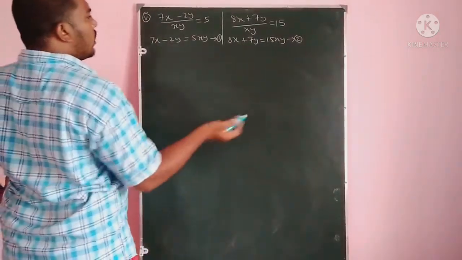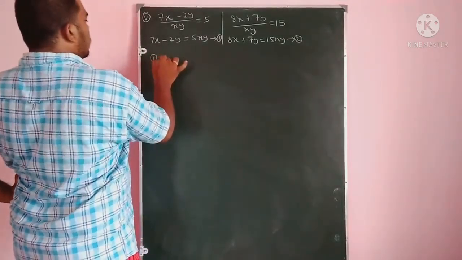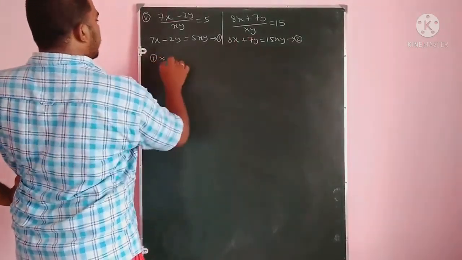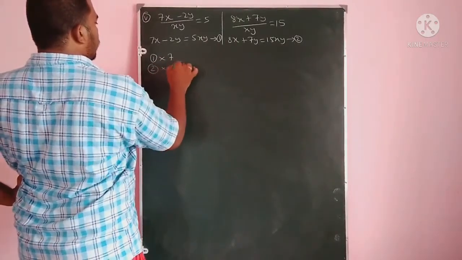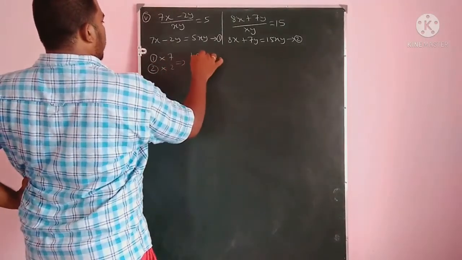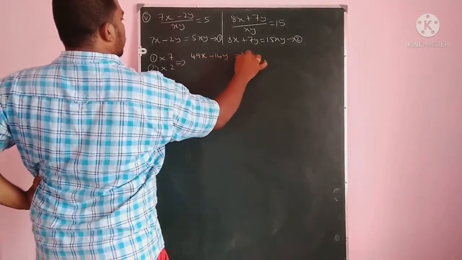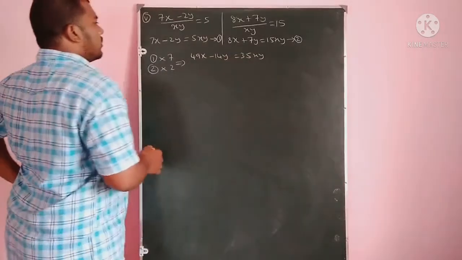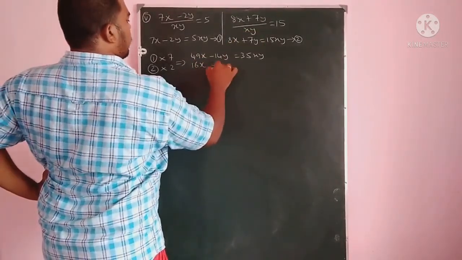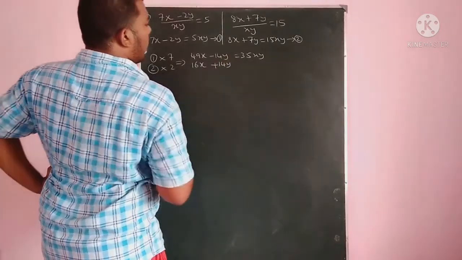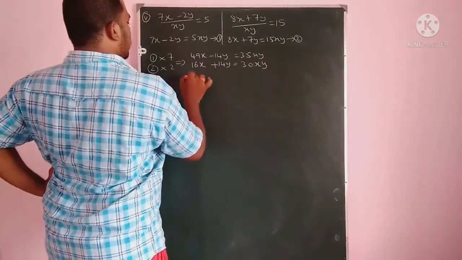Now, as usual, the elimination method: equation 1 should be multiplied with 7, so the y coefficients become equal, and equation 2 with 2. So this is 49x minus 14y is equal to 35xy. So here 2 means 16x plus 14y is equal to 30xy.